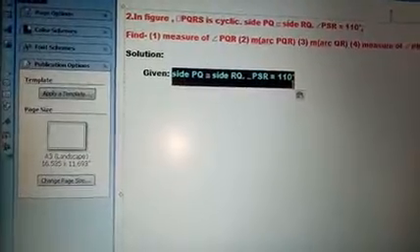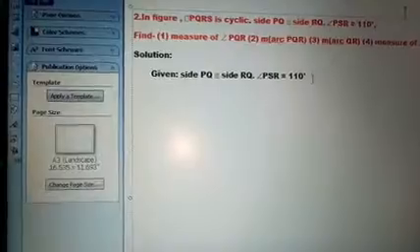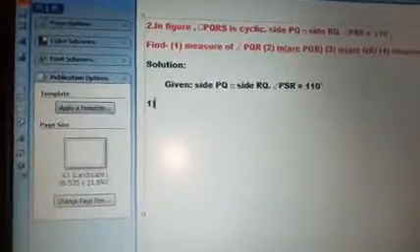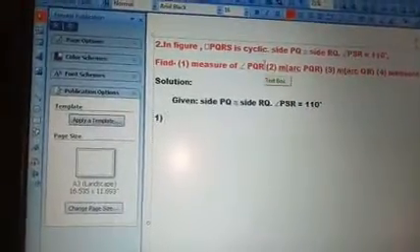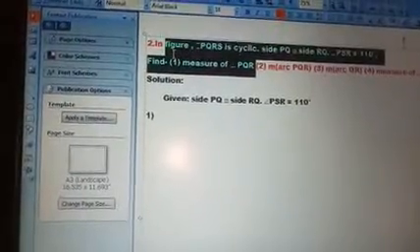This much is given in the question, and later we have to find. First, what we have to find? The measure of angle PQR, means we have to find the measure of angle PQR.